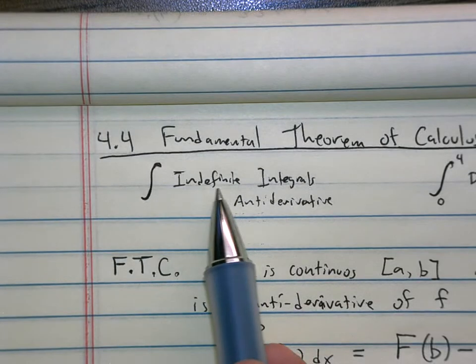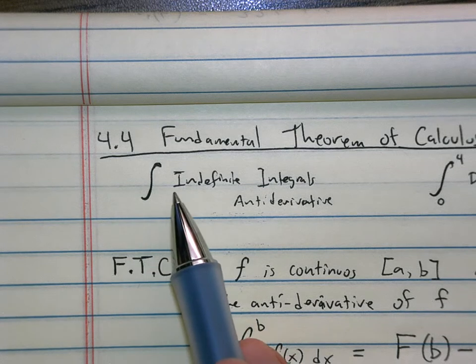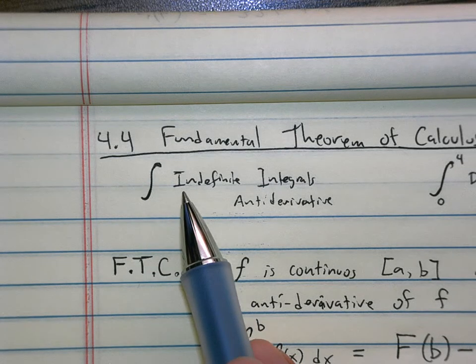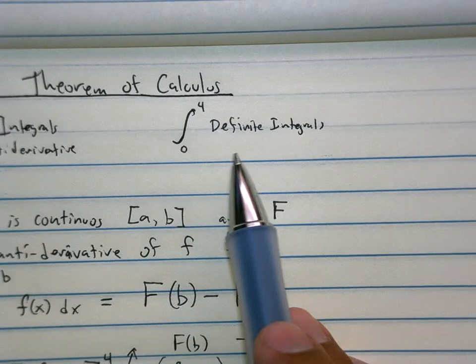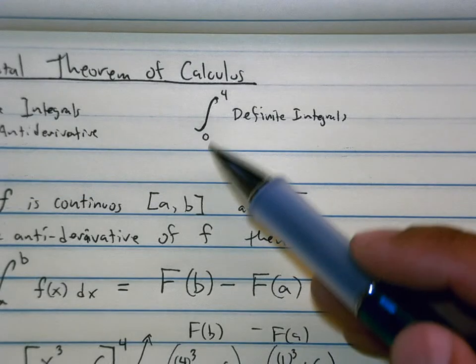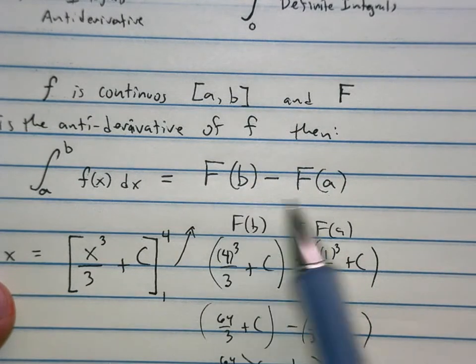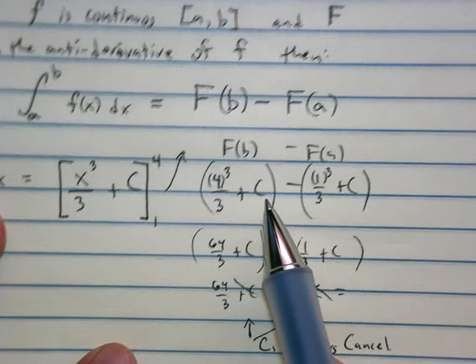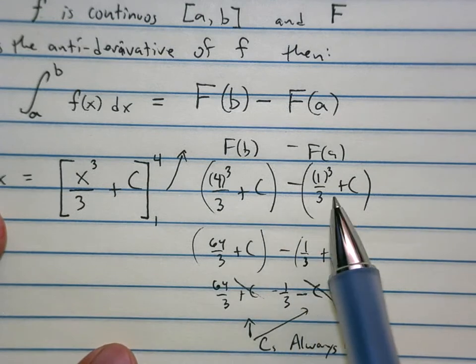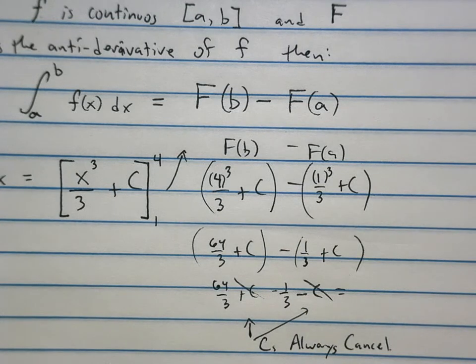Like I said before, where there's no numbers here, when you integrate, there is always a constant of integration. But for definite integrals, when we're doing from 0 to 4, because we're using this fundamental theorem of calculus, when we subtract one from the other, the c's will always cancel, so you don't need to have them anymore for the section 4 type of problems.